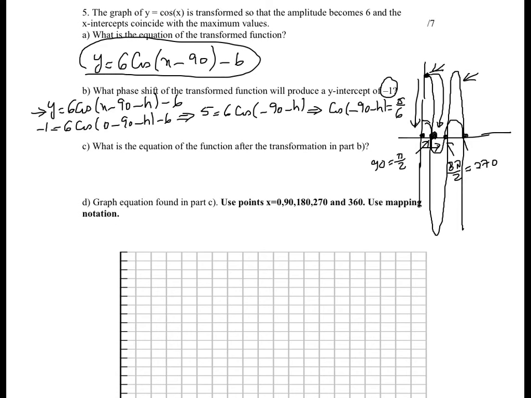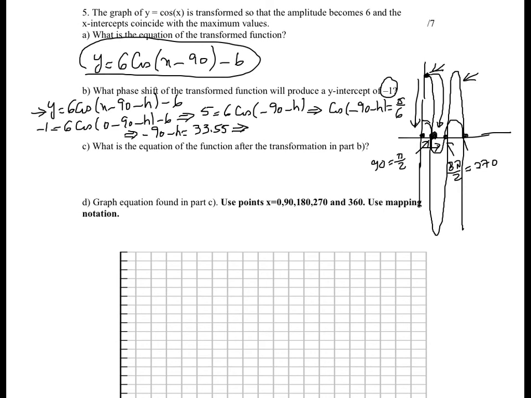Now, if we use the inverse cos, we will find the angle which produces a cos of 5 over 6 is 33.55. So this means that negative 90 minus h is 33.55.